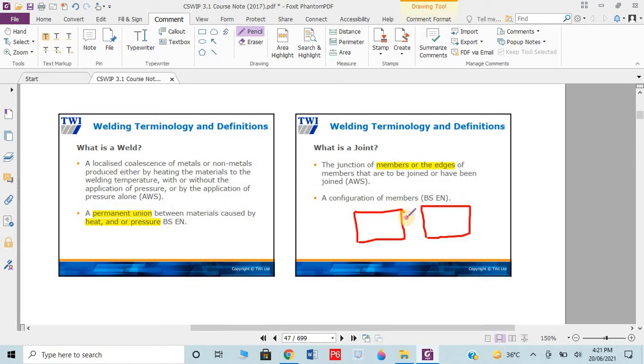First we prepare some corner of this part and also this part. Then we start welding. You can see here, this is the solid one. Then we start welding from here to here. So this is known as a joint. Whatever we prepare before welding to perform the welding is known as a joint. We have different kinds of joints.